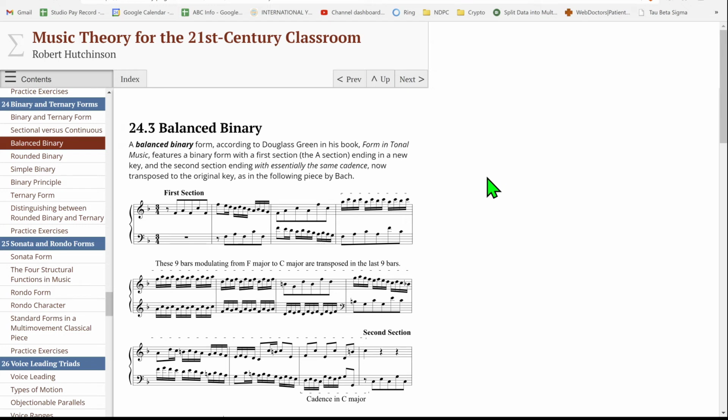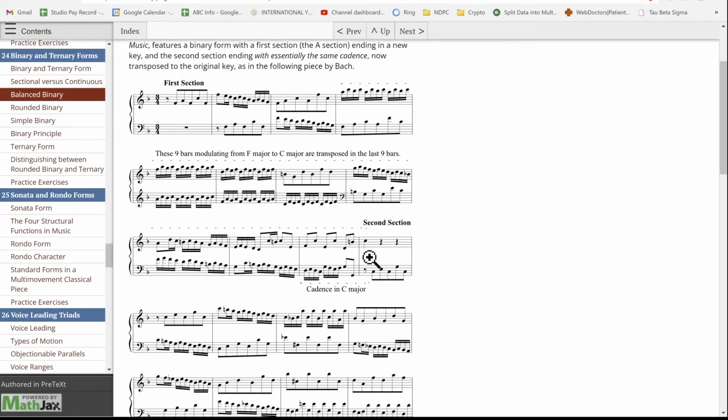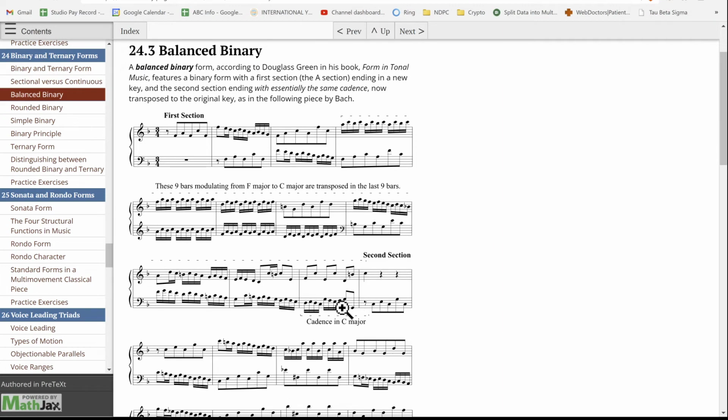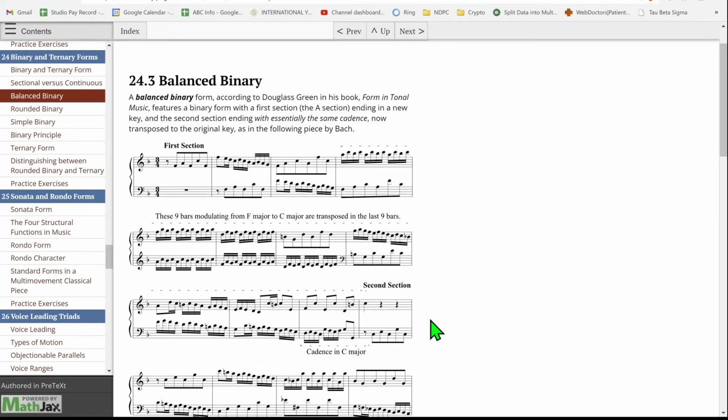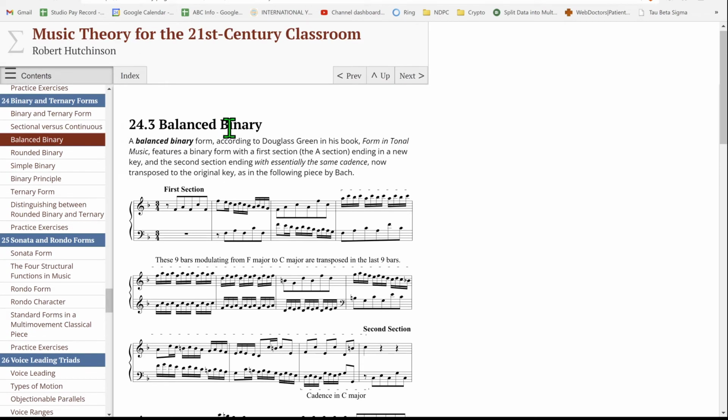That's all it is, okay? So when you're analyzing your piece, if your first section ends in a new key and the second section returns to the first key, it's what we call balanced. That's all that means. So you change keys. If you don't change keys, it's not going to be balanced.